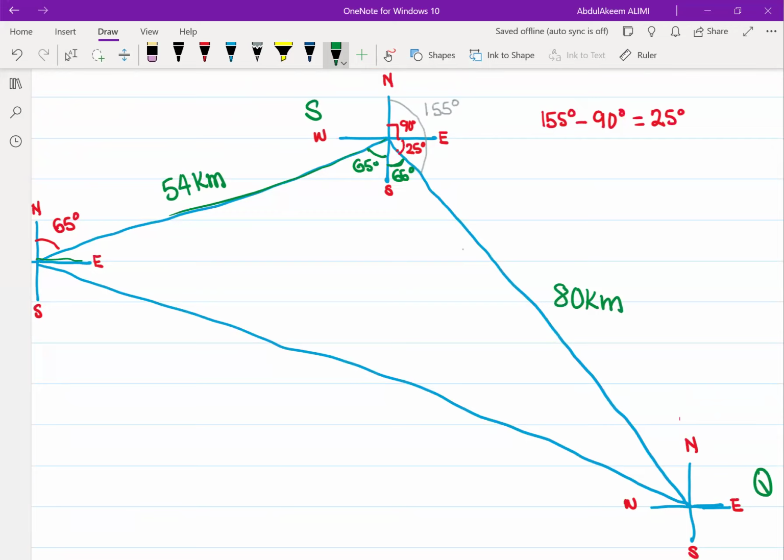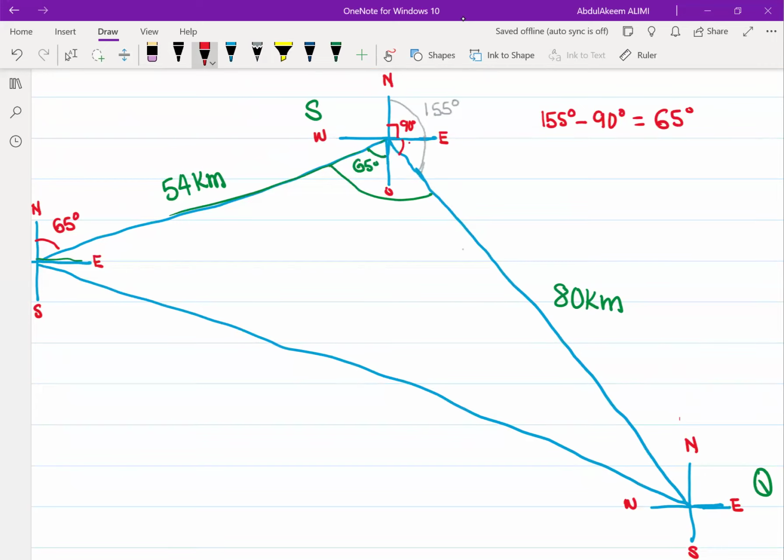These are alternate angles, they are alternating each other. So this is 25 degrees, and this is 65 degrees.